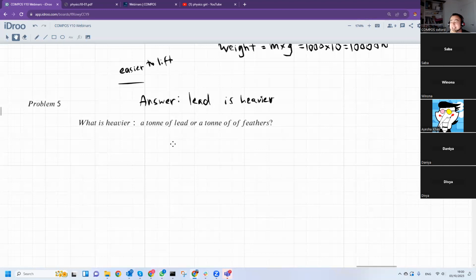Yes, Will. The lead is heavier because there is less upthrust from the air helping you to lift it. Yes, very good, Aisha. Not surface area though, the volume. We don't care about the surface area, it's the volume that matters. More dense, less upthrust.